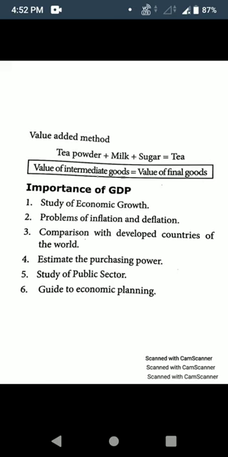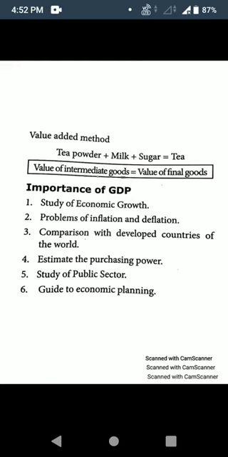Okay, why do we need GDP? You all know what is the full form of GDP? Gross domestic product. Gross means total. Then domestic means the goods and services produced inside the country. So, study of economic growth: this GDP will help us to study the growth of an economy.